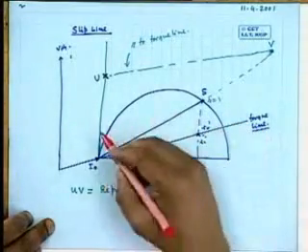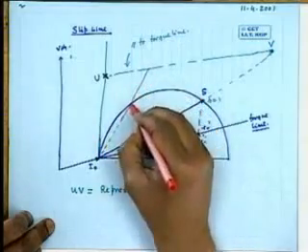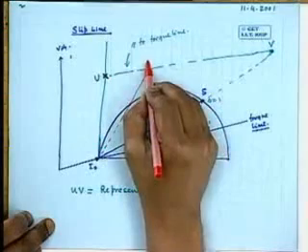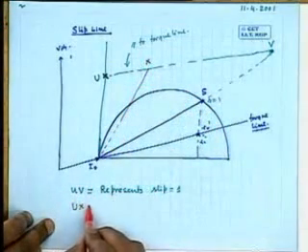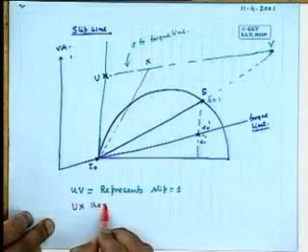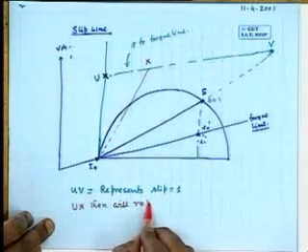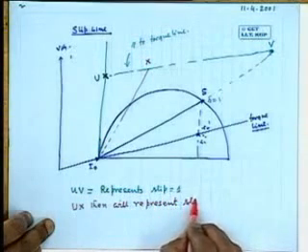Then it can be shown, if the operating point is something else, suppose here, this length, say UX, will represent the slip.